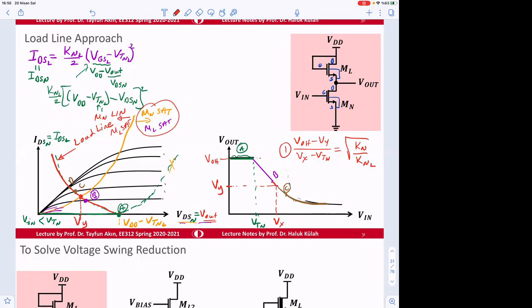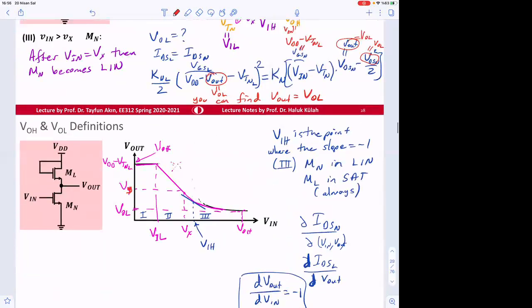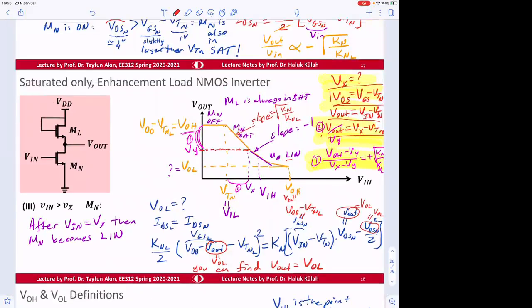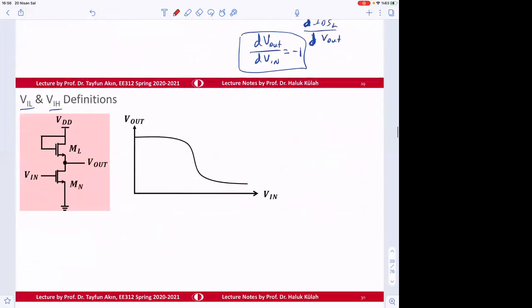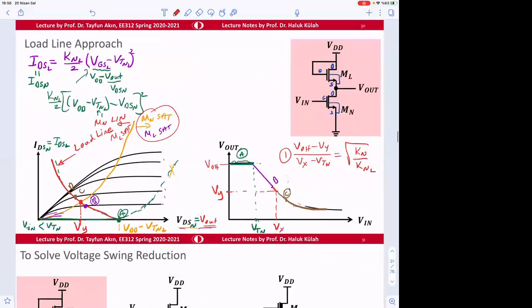You can find that out. What was our equation? Vy is equal to Vx minus Vtn. Where does this come from?